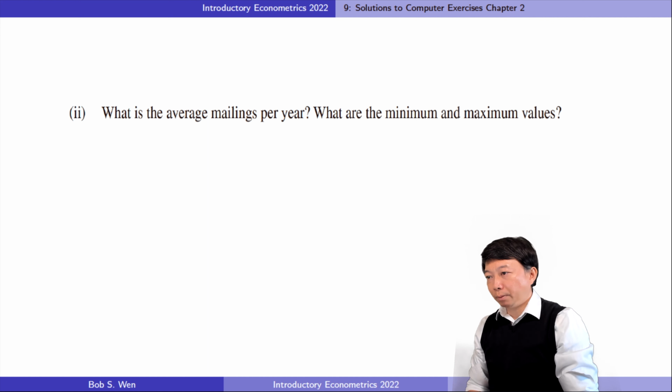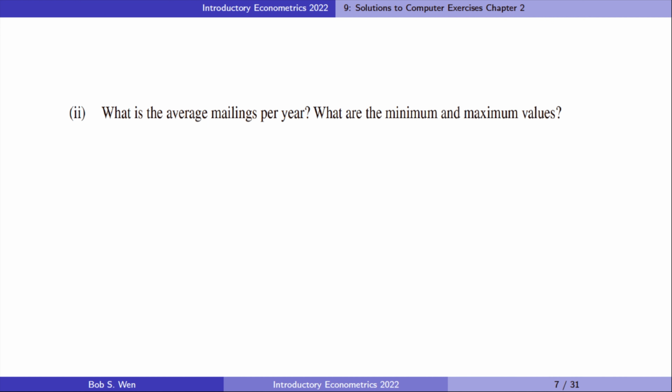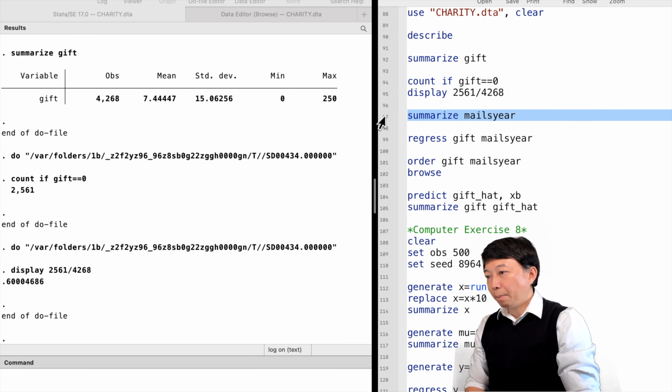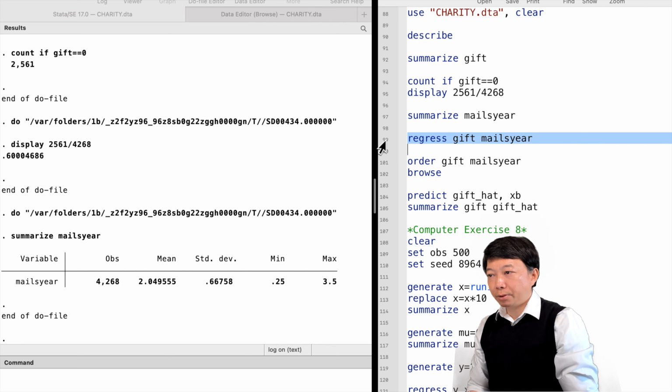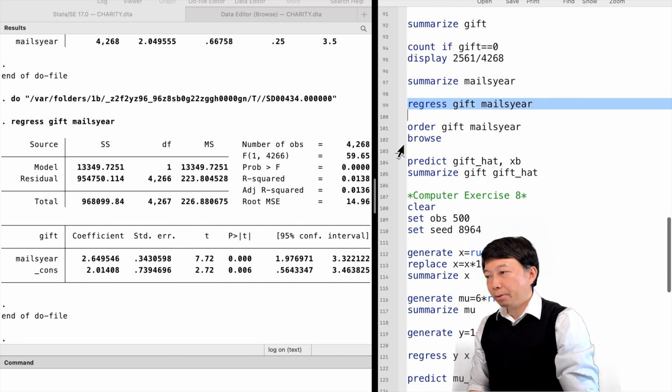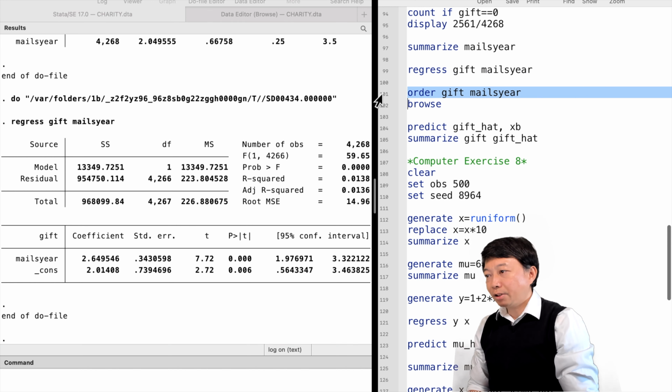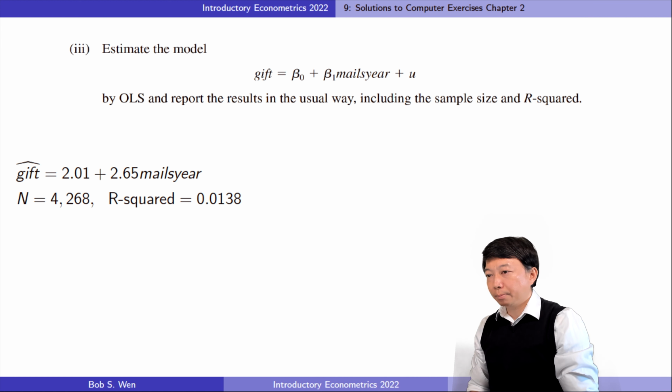The second question. The sample mean of mailings is 2.05 per year. The minimum and maximum values are 0.25 and 3.5, respectively. The third question, we regress gift on mailings per year. The estimated equation is as follows.